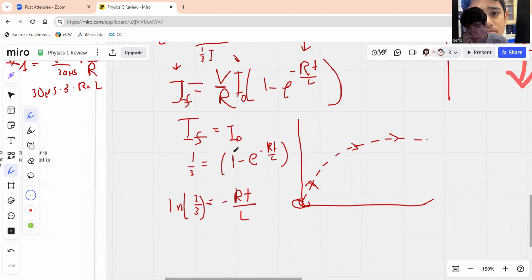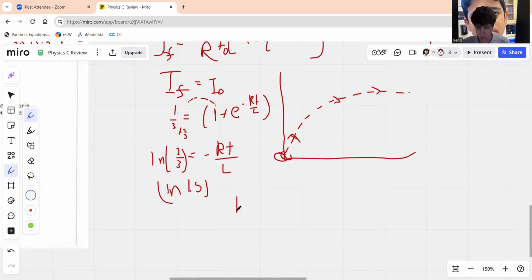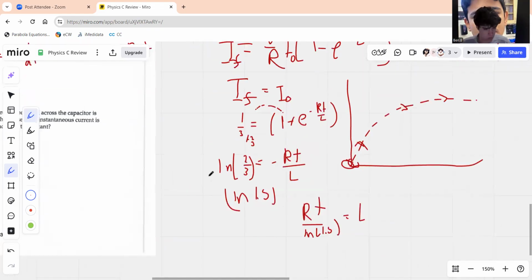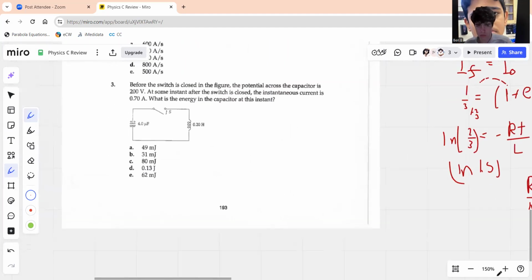Because you subtract 1, right? So negative 2/3. Never mind. ln 1.5. So RT over ln 1.5 equals L. That should give you 0.74.